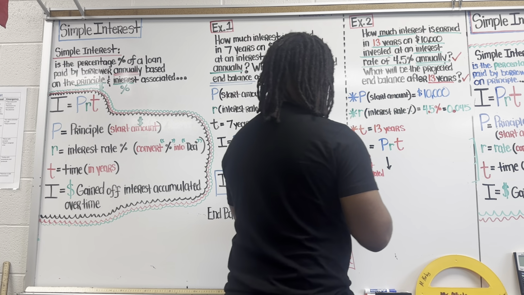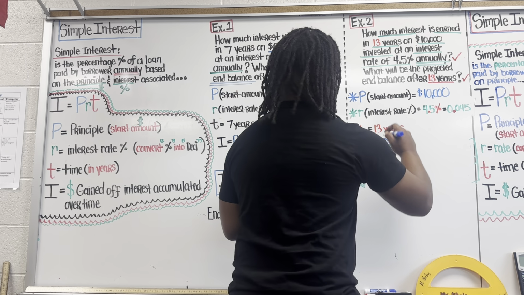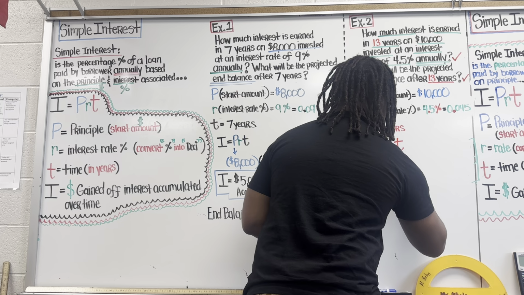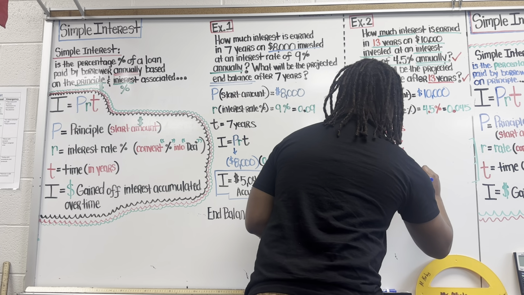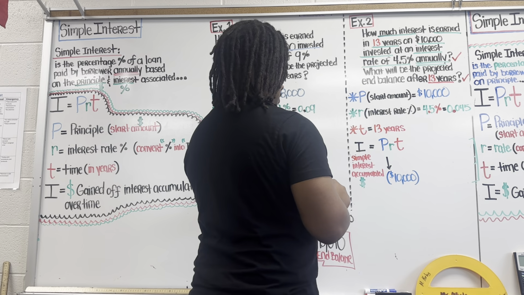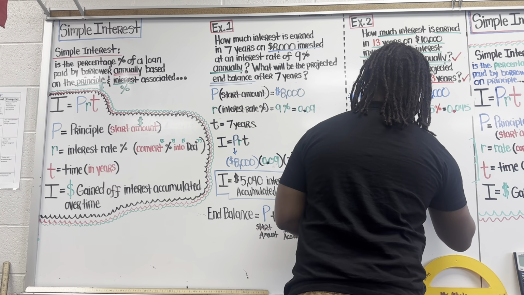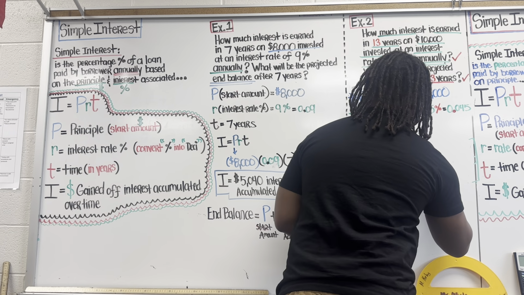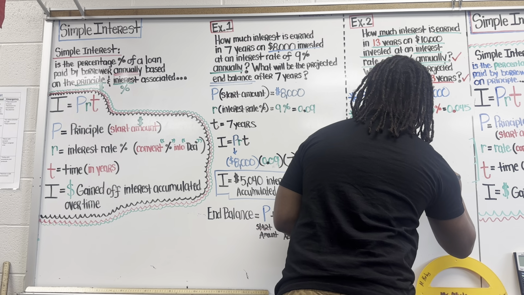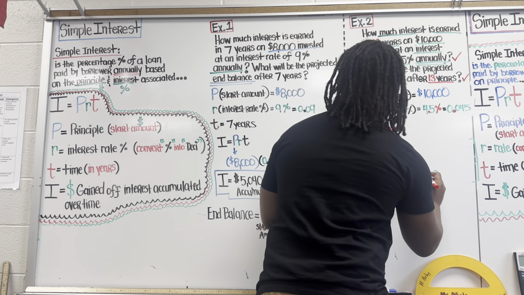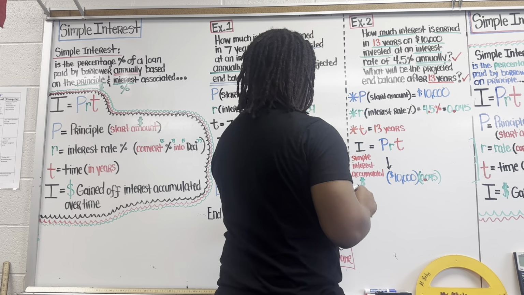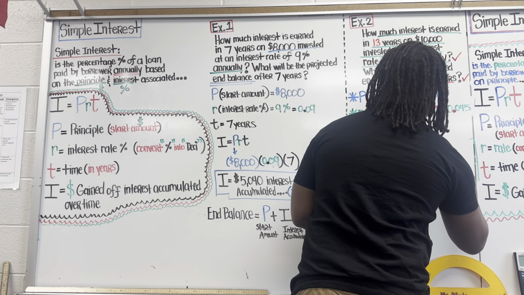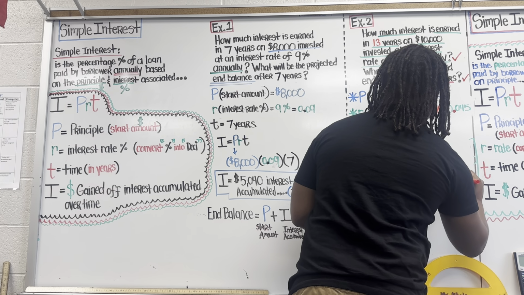Okay, P equals $10,000. R is the interest rate, which is 4.5%, but I have to represent it as a decimal. So that is 0.045. And then times T, which is 13 years.